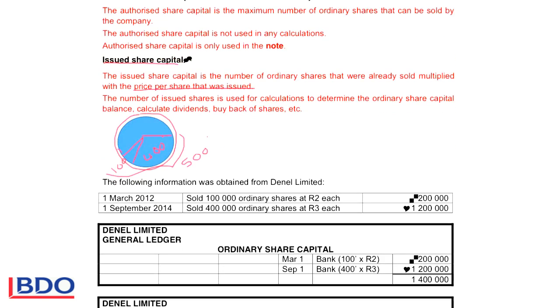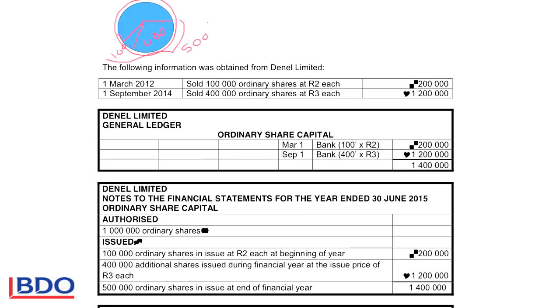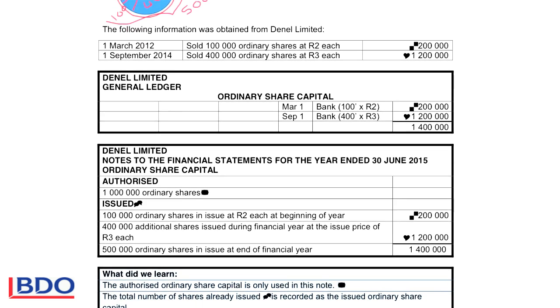If we look at the ledger account, when we sell these shares, we will credit the ordinary share capital account with the 200,000 and with the 1.2 million to indicate that the total share capital at this stage is 1.4 million. In sole traders and partnerships, we also used a capital account.